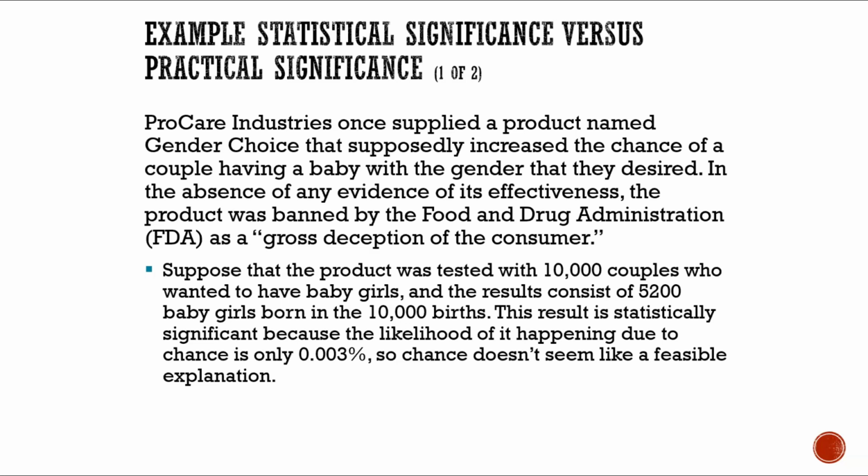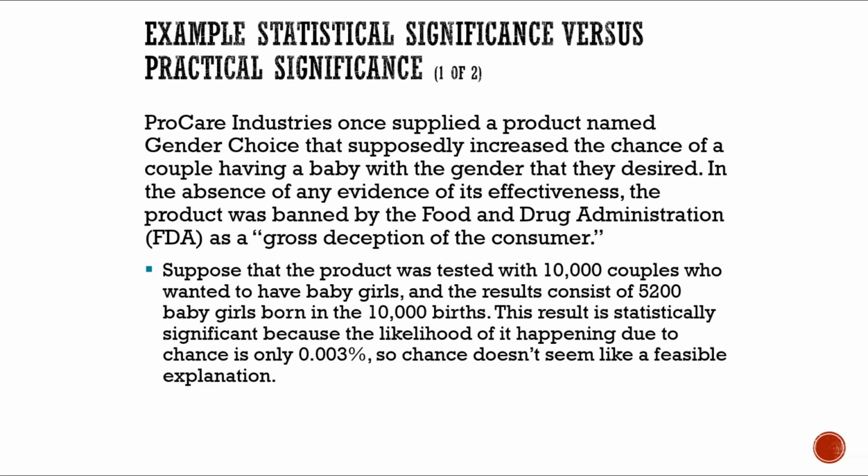You'll learn how to figure this out later. So the probability that in a random sample of 10,000 births, more than 5,200 of them would be girls, if the chance really is 50-50, is 0.003.